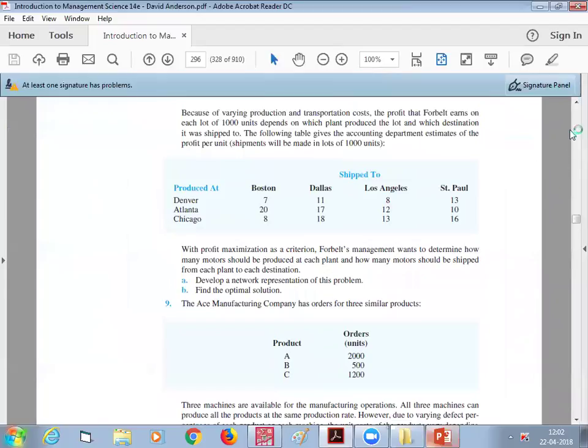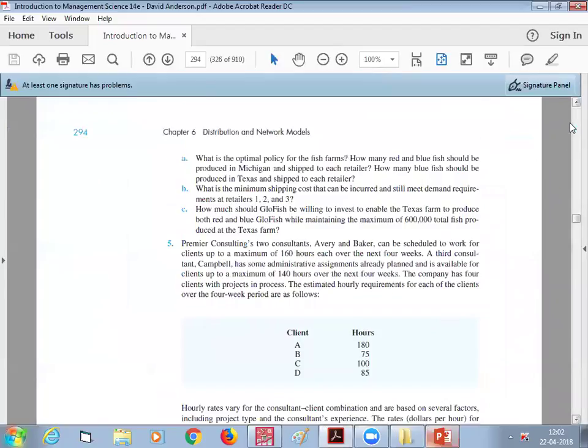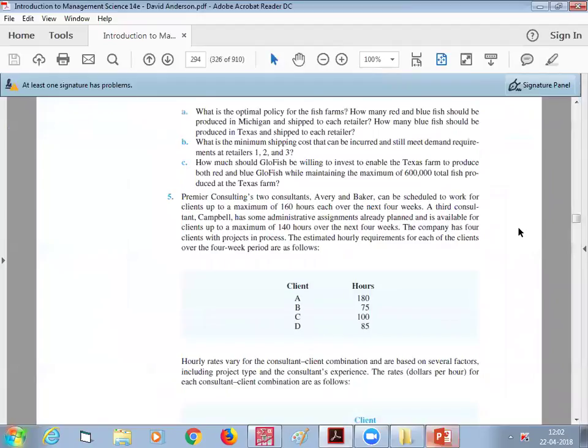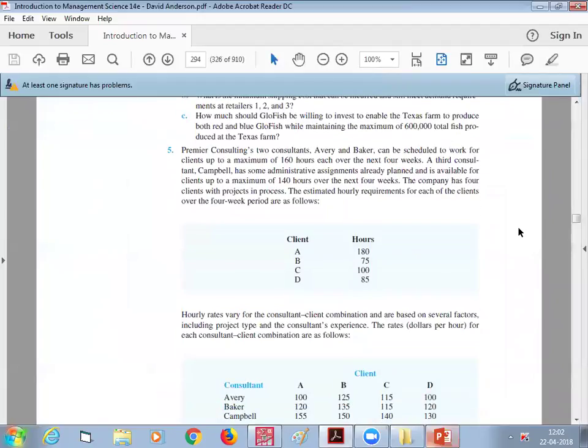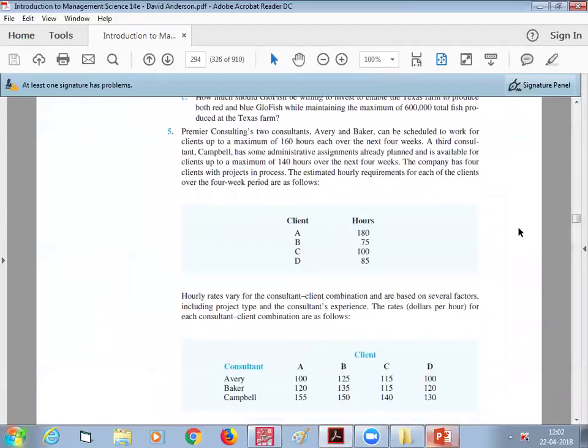Here are some problems. Let's do this one here. So Premier Consulting has two consultants, Avery and Baker, who can be scheduled to work for clients up to a maximum of 160 hours over the next 4 weeks.